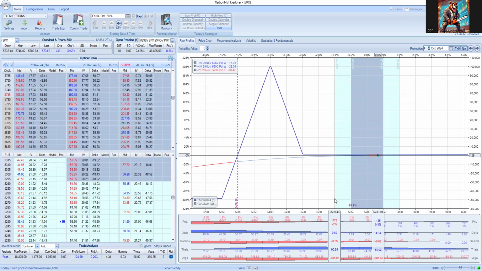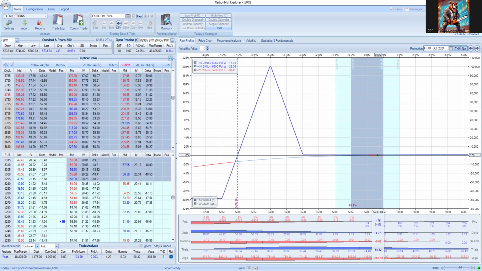Because this position will be equivalent to being long 10 shares of SPX. Clearly, SPX doesn't have shares, but it'll move about plus or minus $10 for every one SPX point, right? If SPX goes up a point, I'll make $10. If SPX goes down 1 point, I'll lose $10. So that's the idea, right?